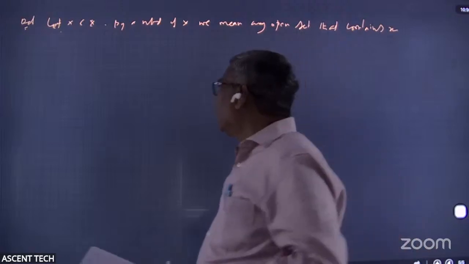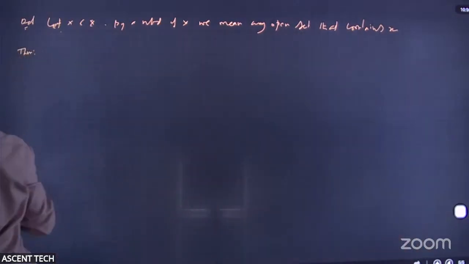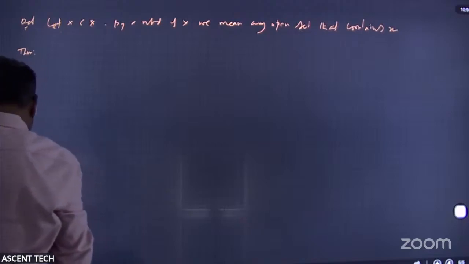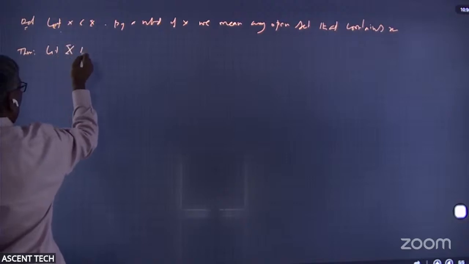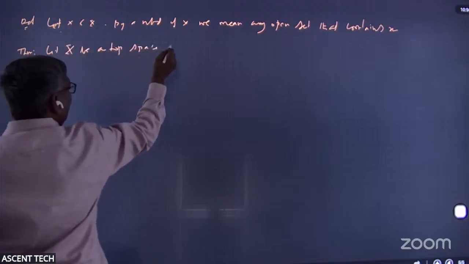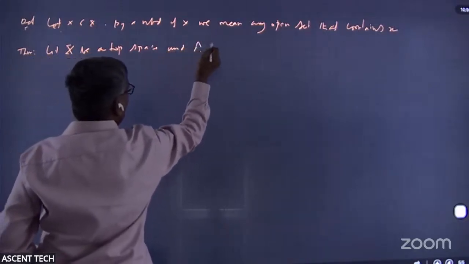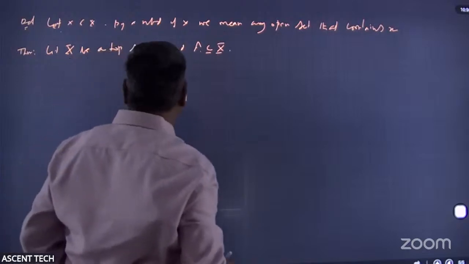So here is a little theorem. Let X be a topological space and A be a subset of X. We're going to give you a criterion for a point x to belong to A bar.